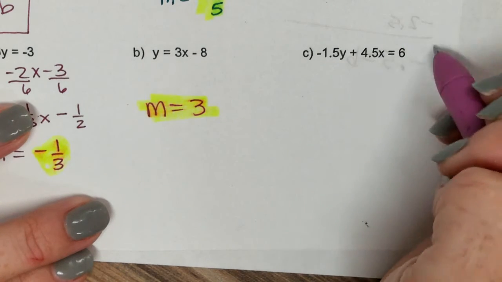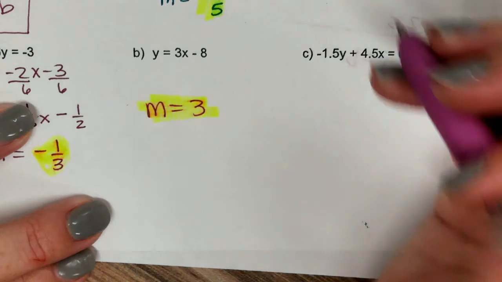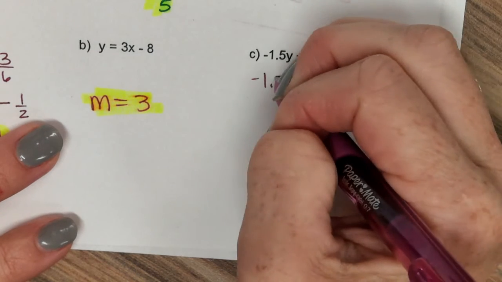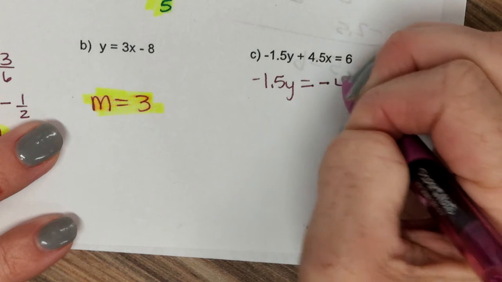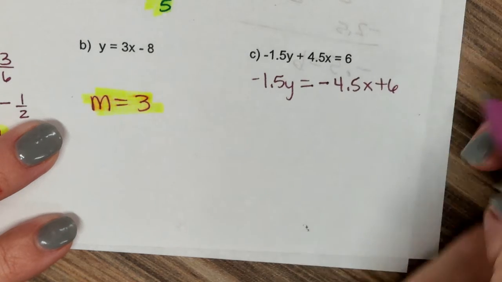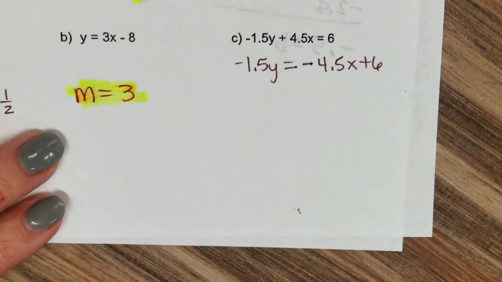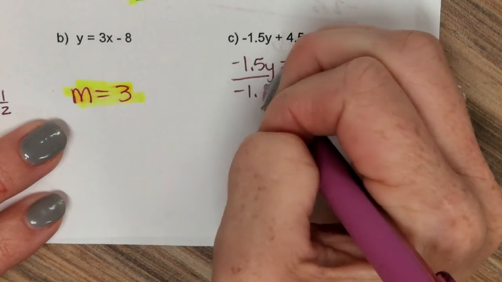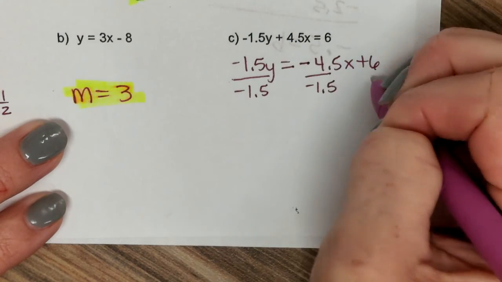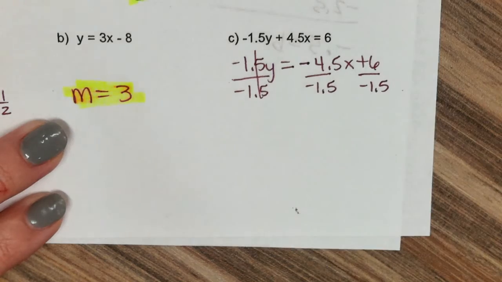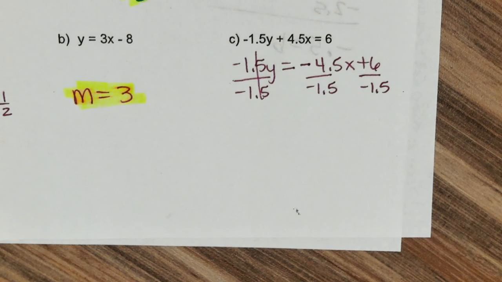So I'm going to move the 4.5x to the right by subtraction. So I have -1.5y equals -4.5x plus 6. I'm going to divide everything by -1.5. And I'm going to get my calculator to do this.